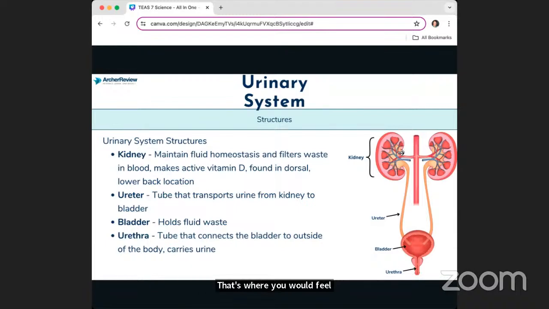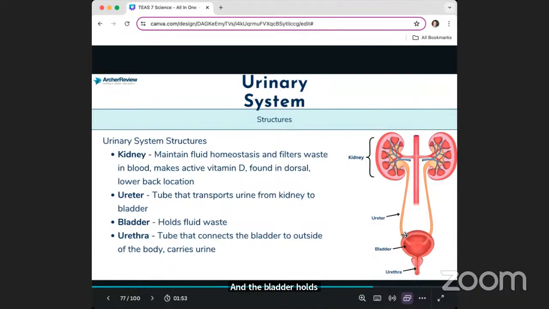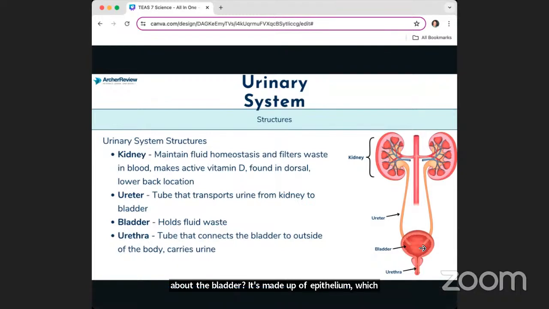That's where you would feel kidney pain if you had any. The ureters, notice how in our picture here, they connect to the kidneys. The ureters are a long tube, and you have two of them, and they transport urine from the kidney down into the bladder. And the bladder holds your fluid waste. What's cool about the bladder, it's made up of transitional epithelium, which just means it can transition, it can stretch.